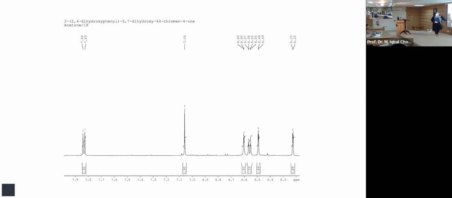And then 7.0 as a singlet. And what about B? A doublet of a doublet, right? So I would like you to calculate the J value of this double doublet.